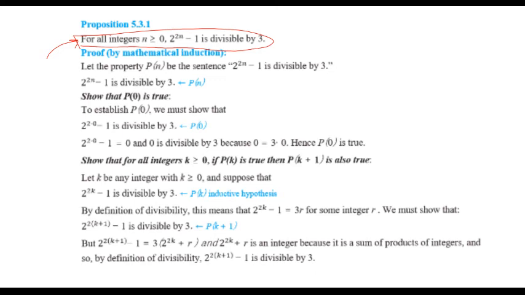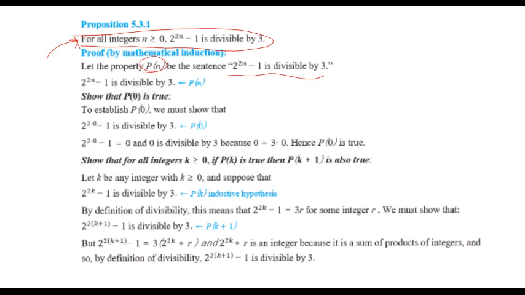To use mathematical induction, we need to first define the property P of n. Don't forget, this is always the first step. P of n is this sentence: 2 to the power 2n minus 1 is divisible by 3. Okay, so we have defined P of n.